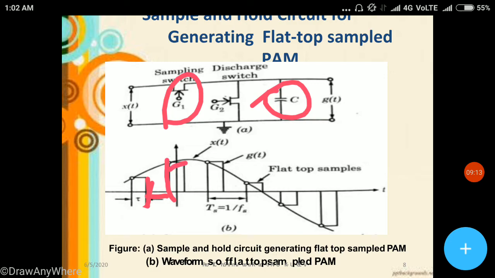Then it holds some charge, and when the sampling switch is cut off and G2 is on, that is the discharging switch is on, it goes into its discharging state. So in this way we get a flat top sampled value.